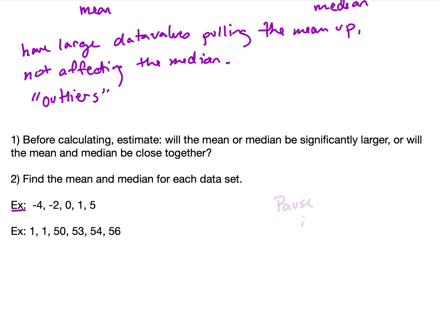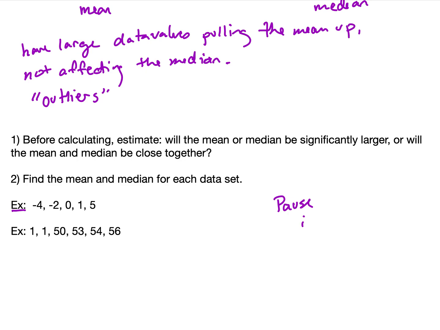And secondly, for each data set, calculate the mean and calculate the median. So first, do a little eyeball about what you expect the mean to be, what you expect the median to be, how they might compare, and then actually calculate those values. Again, pause and try it out, and we'll talk about it in just a moment.